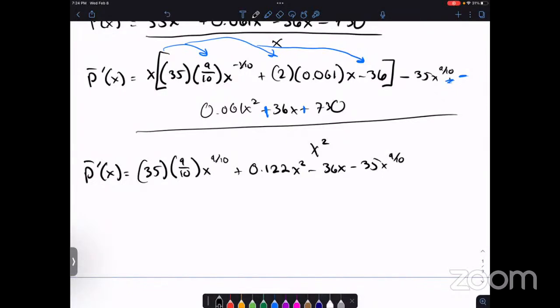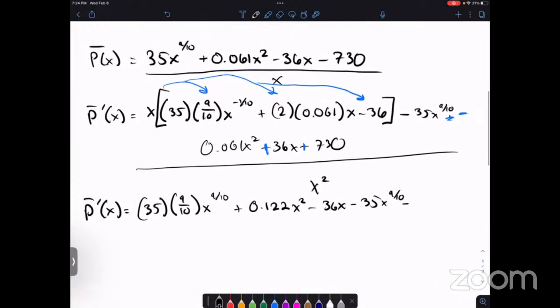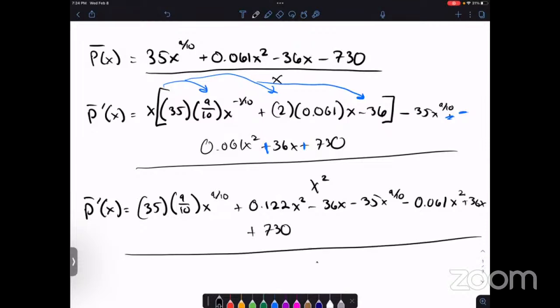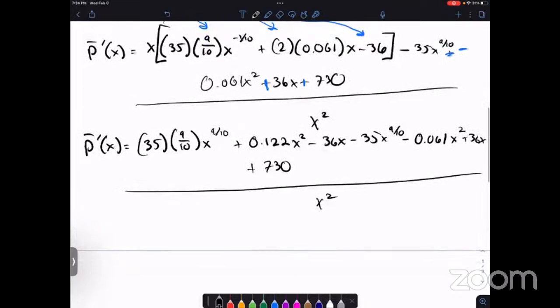We got this minus 0.061 x squared, 36x plus 730, and we still have our x squared down here. Okay. Let's see. Now, I mean, we could just plug in our number and just use this to minimize our chances of making mistakes.